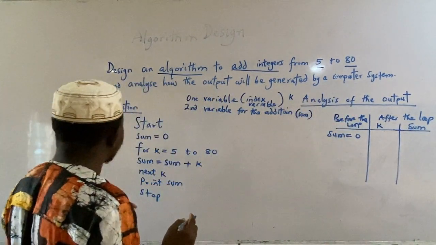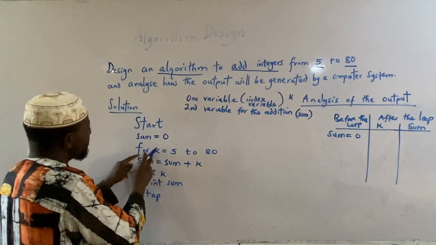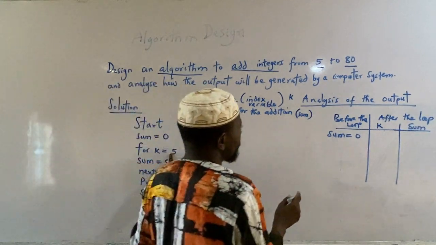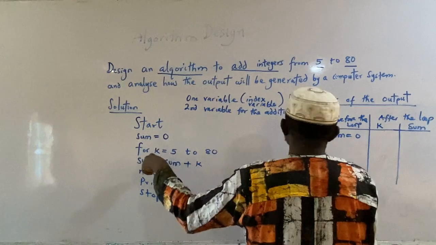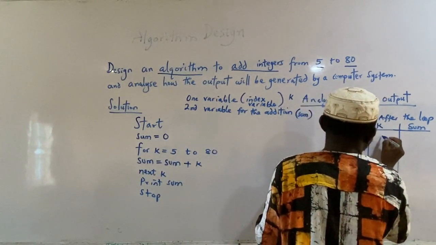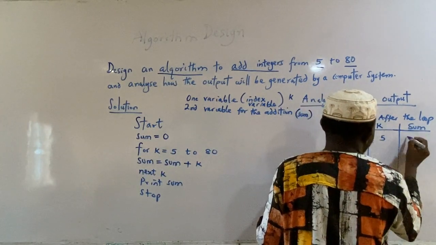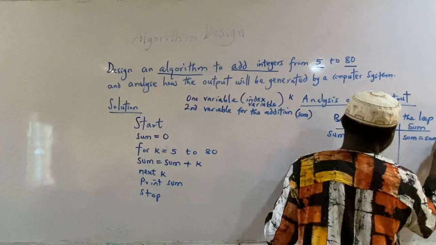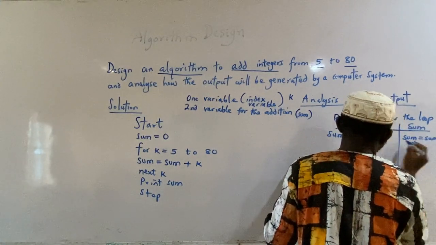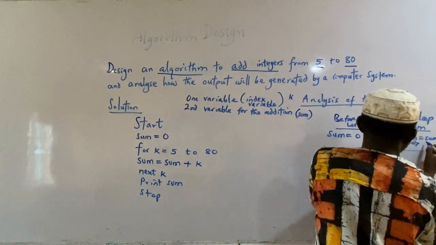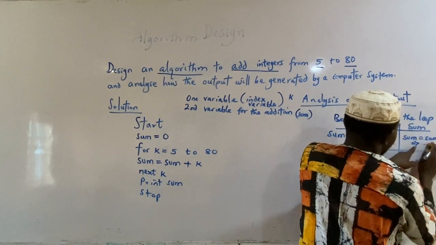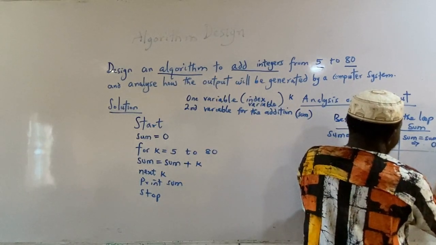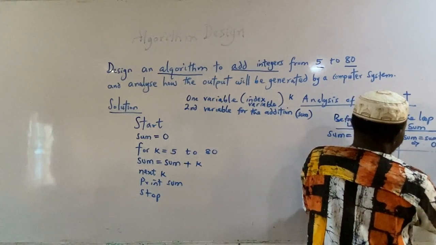When you look closely at it, the first value of k is 5. And as I'm entering the loop, whereas k here is 5, you have sum is equal to sum plus k, which implies 0 plus, what is the first value of k? 5. So here, my sum is equal to 5.